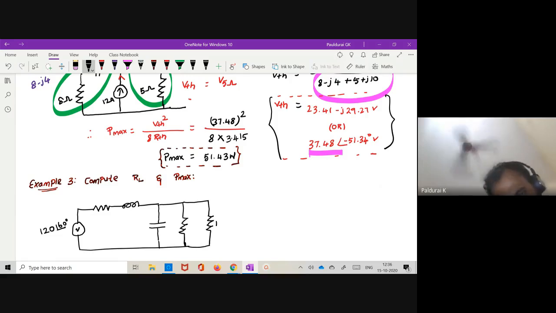This time my load is resistance, not impedance. Take case 2: 80 plus J60, minus J30, and this is 90.